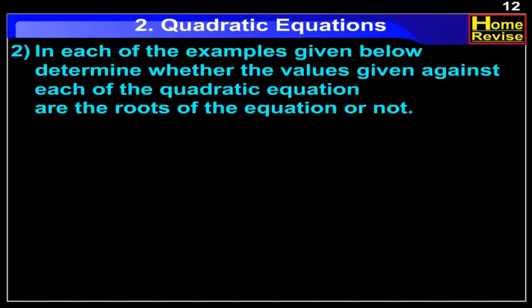In each of the examples given below, determine whether the values given against each quadratic equation are roots of the equation or not. 4m square minus 9 is equal to 0, where m is equal to 2, 2 upon 3, and 3 upon 2.